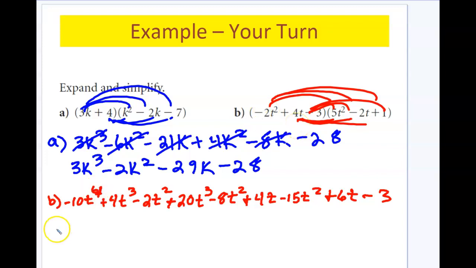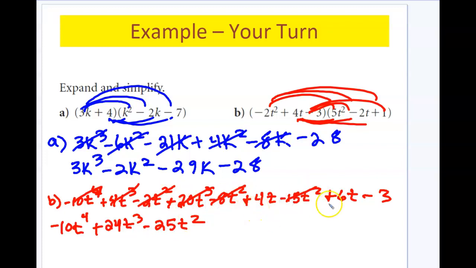So I have a negative 10t to the fourth. 4t cubed plus 20t cubed is going to be 24t cubed. That's going to give me negative 2 and negative 8 is negative 10t squared minus 15t squared is going to be negative 25t squared. 4t plus 6t is 10t, and subtract 3, and there will be your final answer.